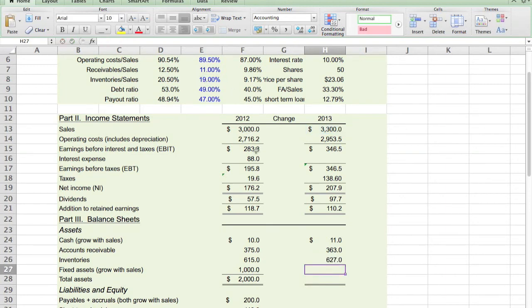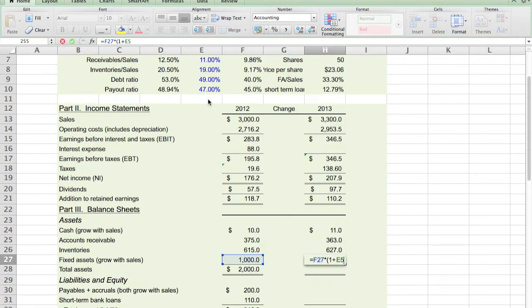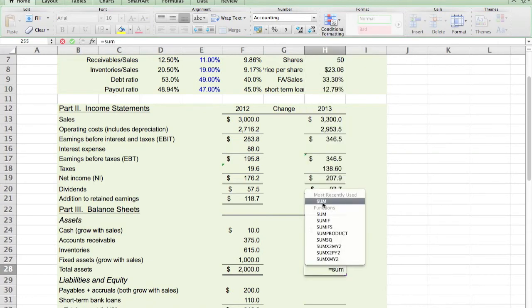Fixed assets is fixed assets of 2012 multiplied by 1 plus the growth rate because it grows with the sales. Then total assets is the sum of the elements of this section.